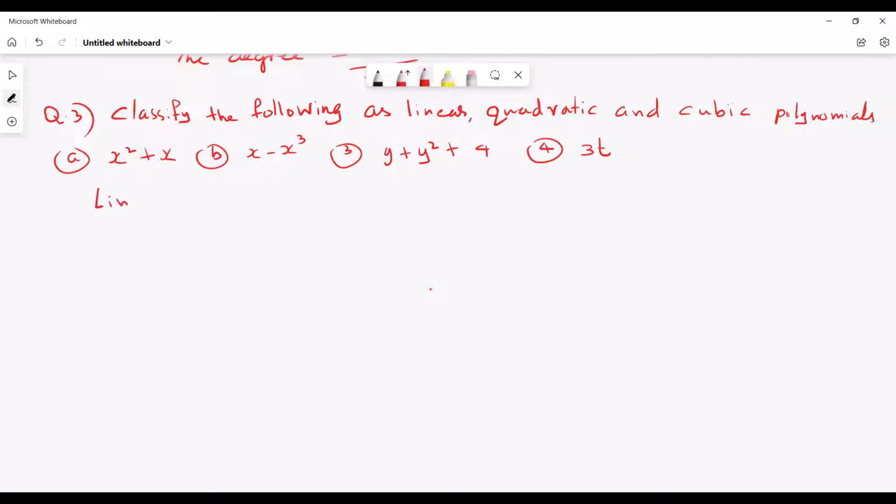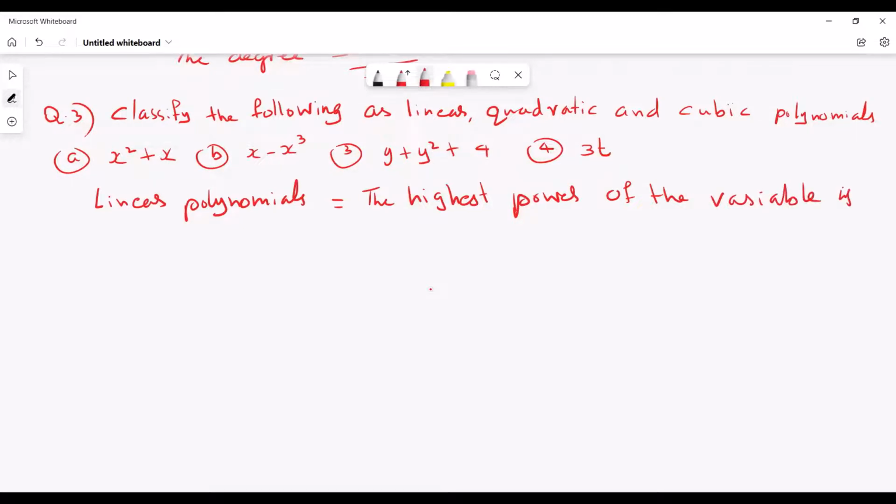So linear means the highest power of the variable is 1. It means the degree of the polynomial should be 1. Then only we can say it is a linear polynomial.